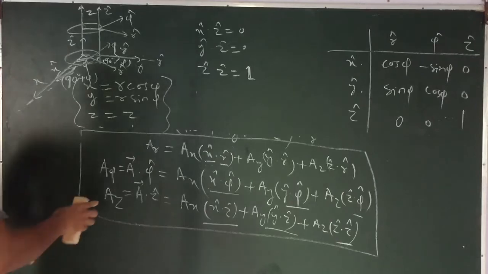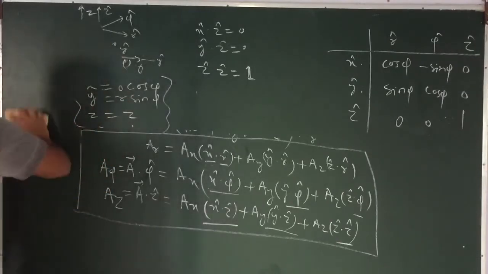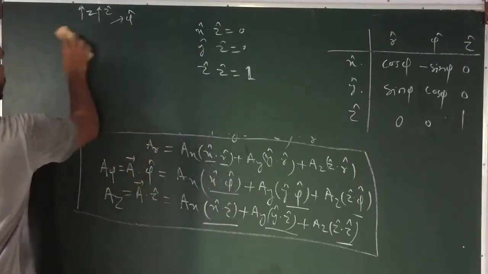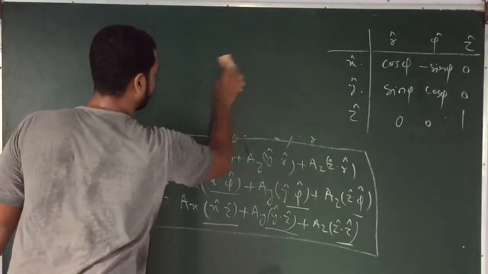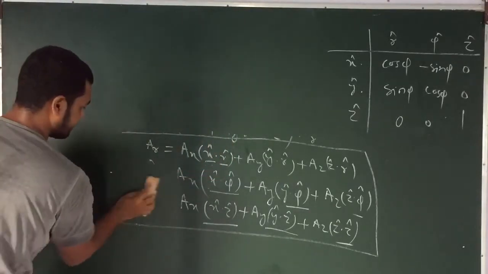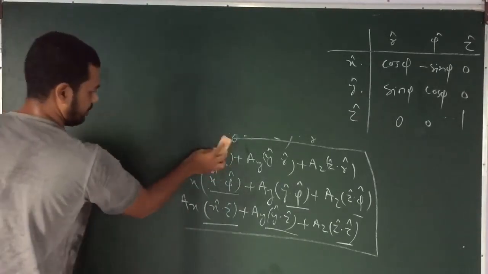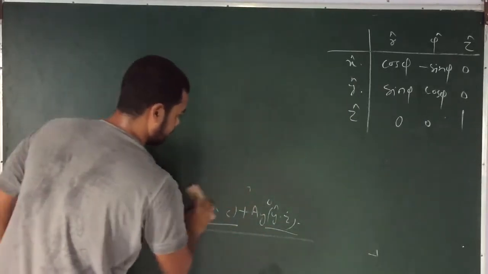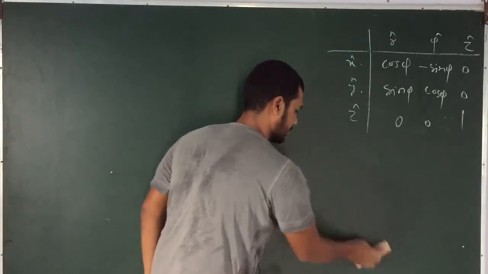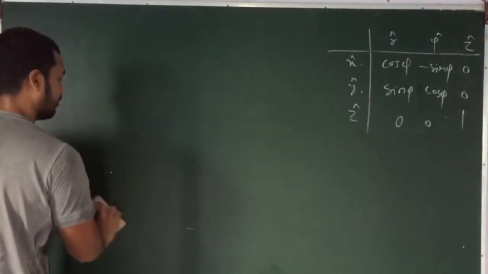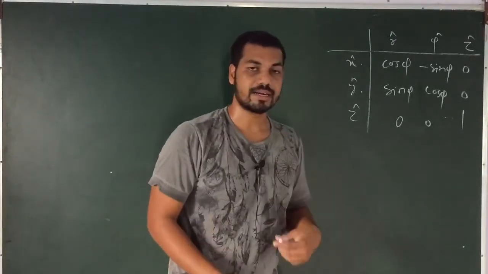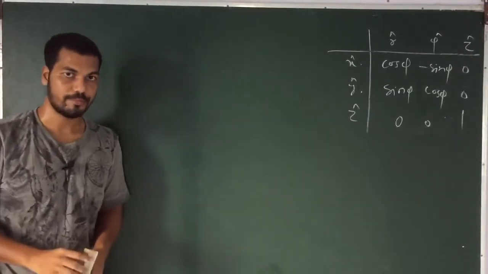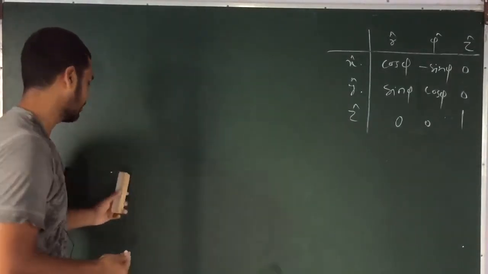So let's solve an example to understand and memorize these formulas. Then we will go to the next lecture where I will discuss the transformation of a vector from the Cartesian coordinate system to the spherical polar coordinate system.